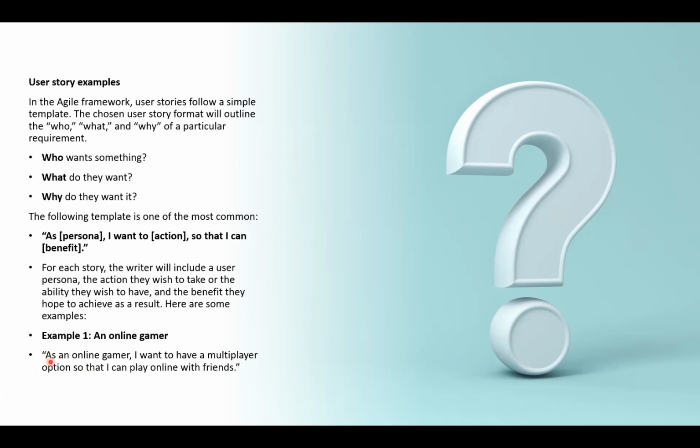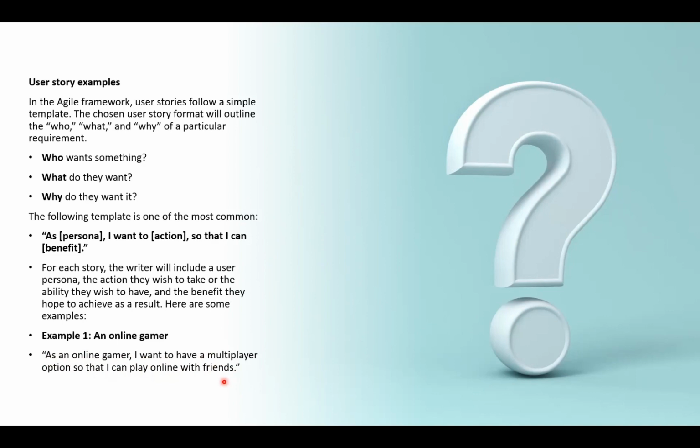I want an AI that I can play with if I don't have anyone to play the game with. So you're going to say, as a game user, as a customer, I want to have an AI feature so that I can play where my friends are not online, isn't it? Okay, good.